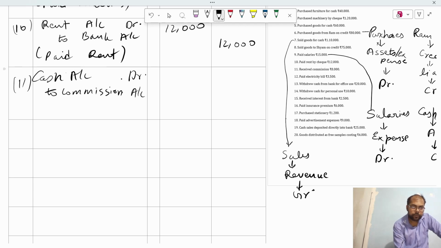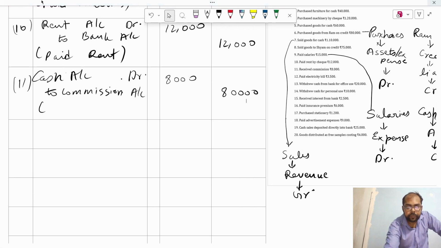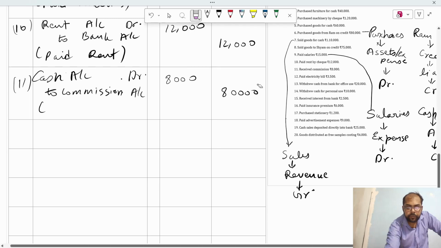Because commission is a revenue and increase in revenue is credited. Along with that, cash is also increasing. Therefore, it is debited. The amount is rupees 8,000. Commission received. The narration will go like this.